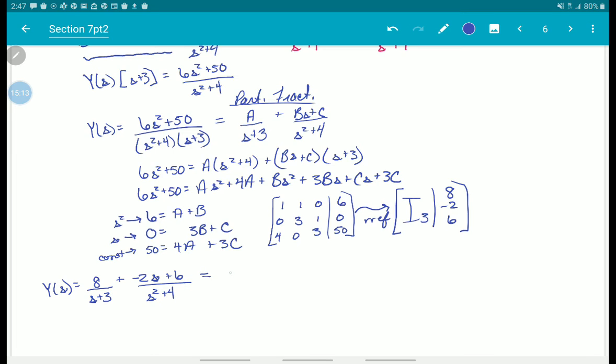So since we need to apply the inverse Laplace, I need to split the numerator for that second fraction here. So it's going to be minus 2s over s squared plus 4 plus 6 over s squared plus 4.